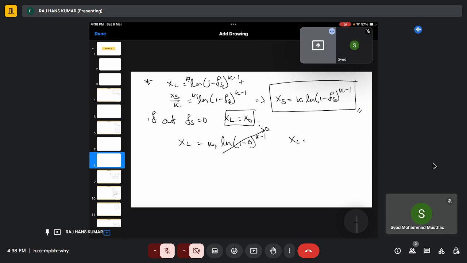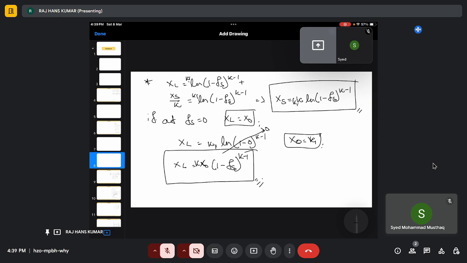Then X0 will be K1. That means XL equals K X0 1 minus Fs to the power K minus 1. That is the final relation. So K1, you substitute and you will get that equation.